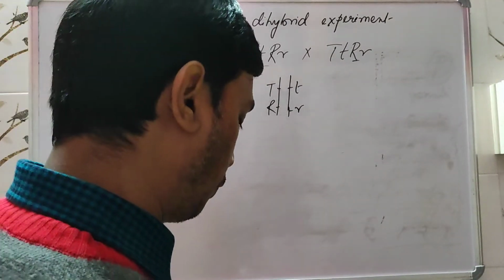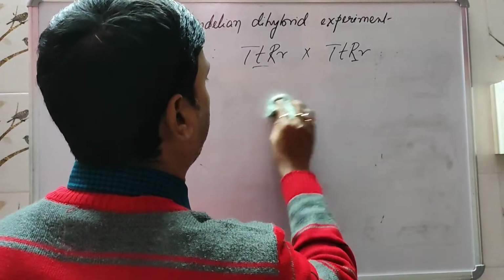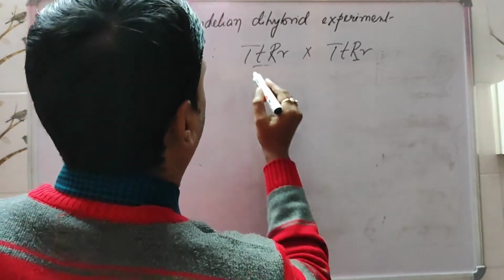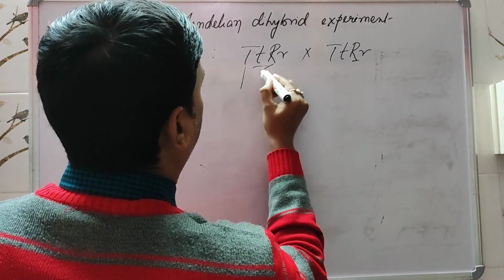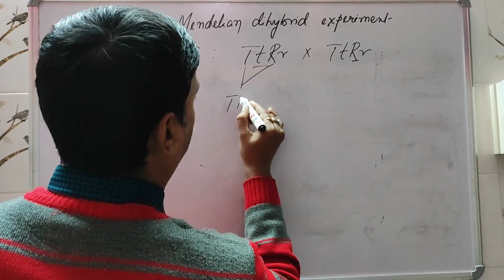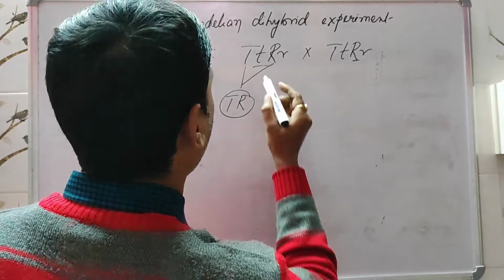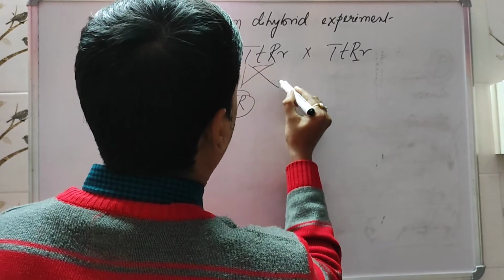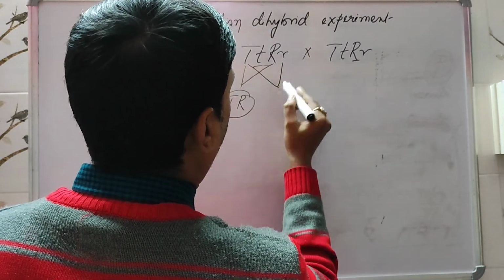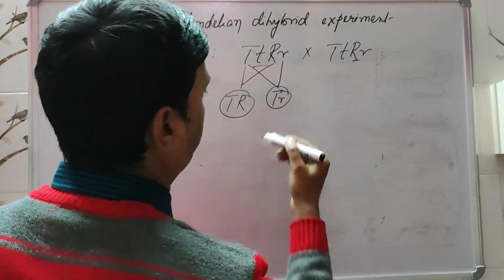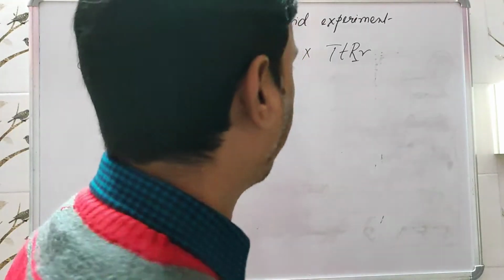Just see. This capital T may come with this capital R, so TR may come as a gamete. Or this capital T may come with small r, that means capital T small r. This is another possibility.